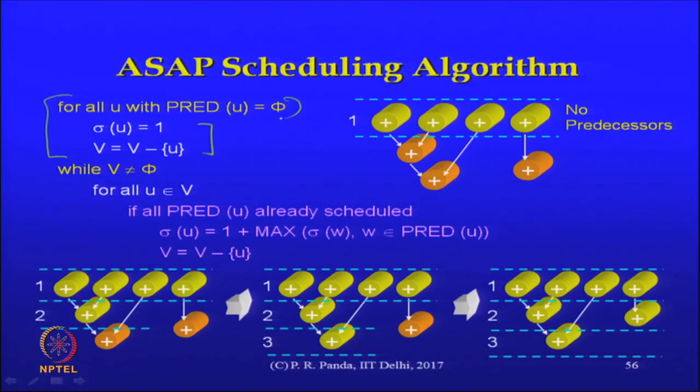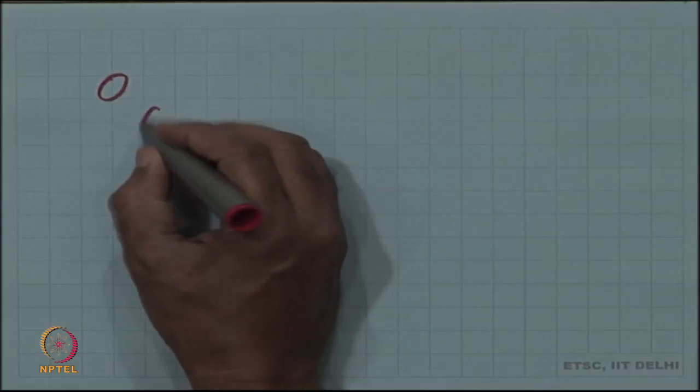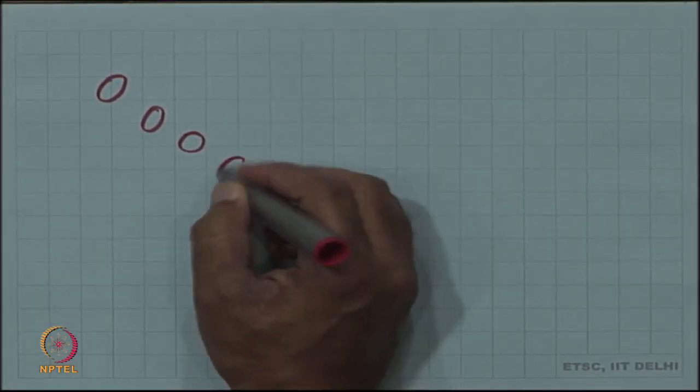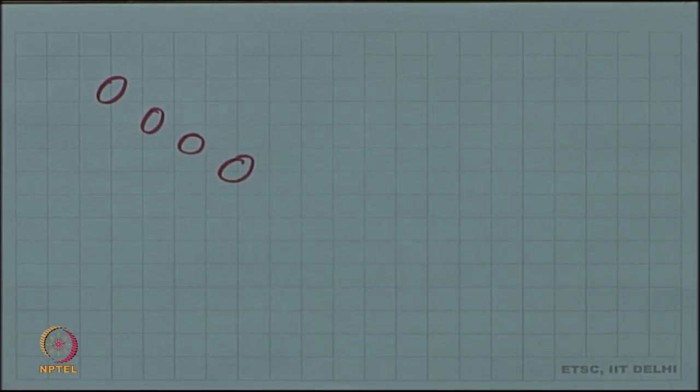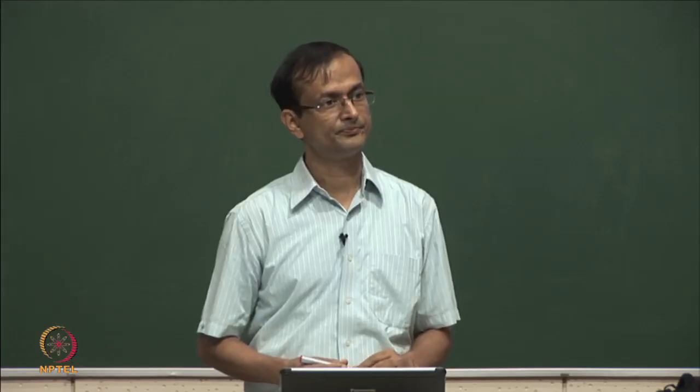Why? I can have a straight chain. Let us say, to simplify this, if there are n nodes, then what is the complexity? Worst case for that initialization: order of n, and one node u can have how many predecessors?